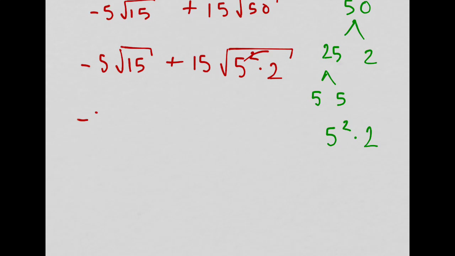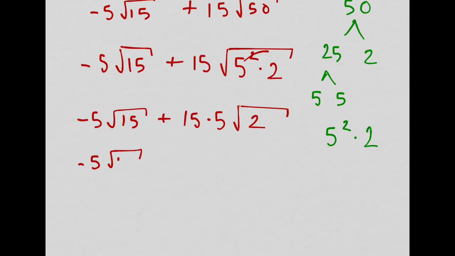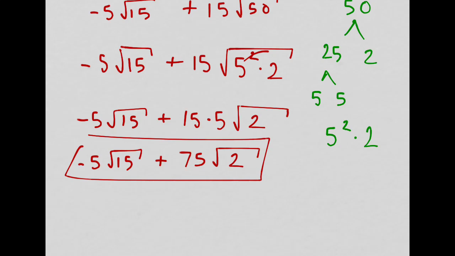So we have negative 5 square root of 15 plus 15 times that 5, and we're left with the square root of 2 on the inside. Okay, so what's 15 times 5? That's 75. So I just have negative 5 square root of 15 plus 75 square root of 2. I'm writing down more steps than you guys need to, but I'm showing you, so that hopefully makes sense. And there's your answer. Good day.